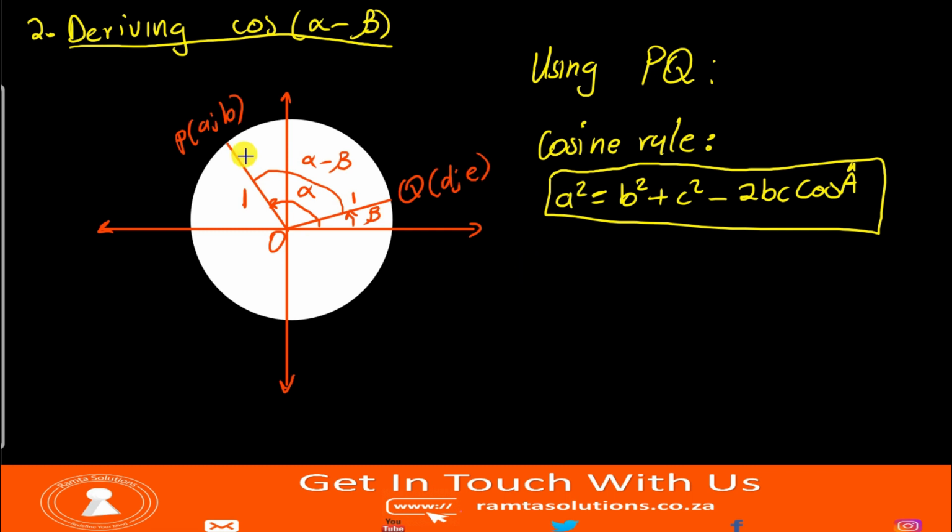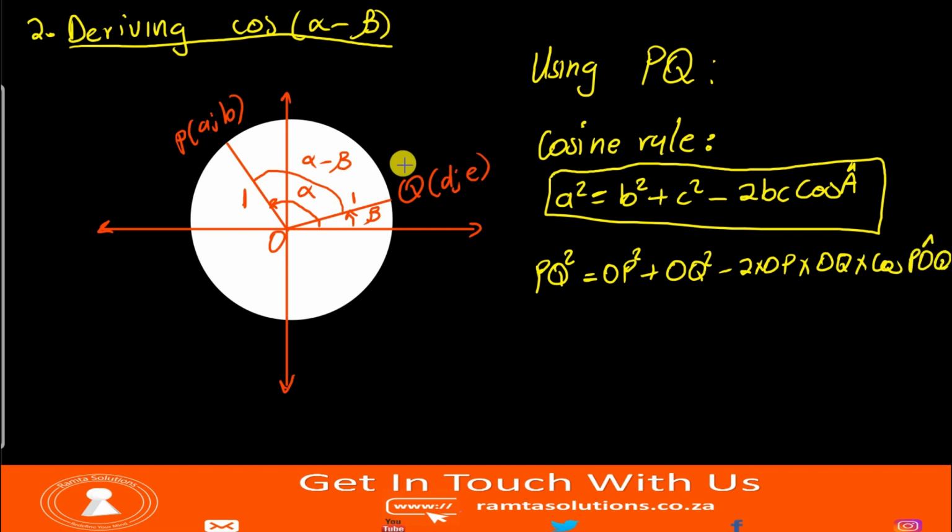PQ squared is equal to OP squared plus OQ squared minus 2 times OP times OQ times cos angle POQ, isn't it?